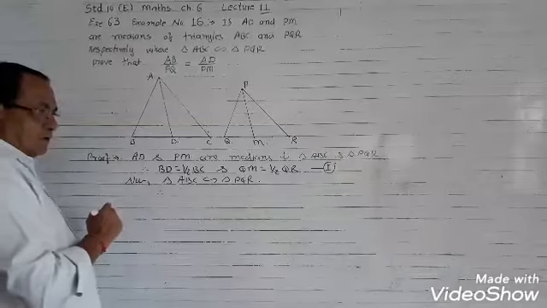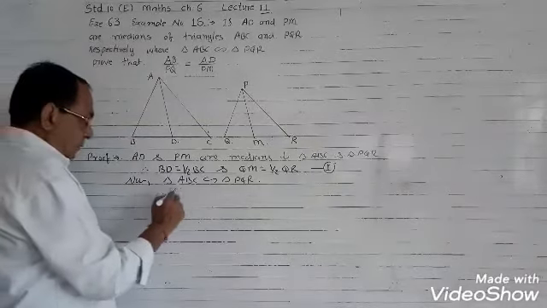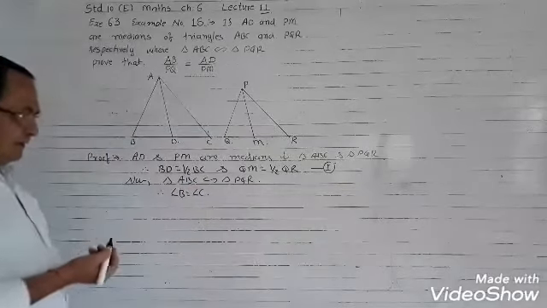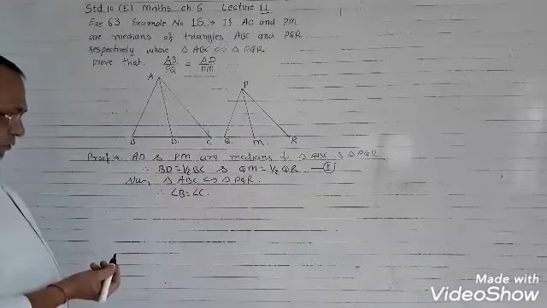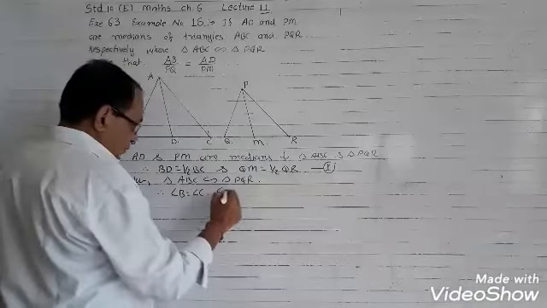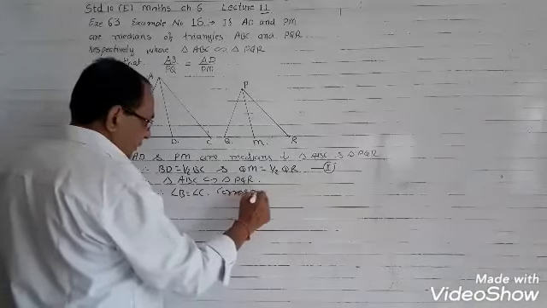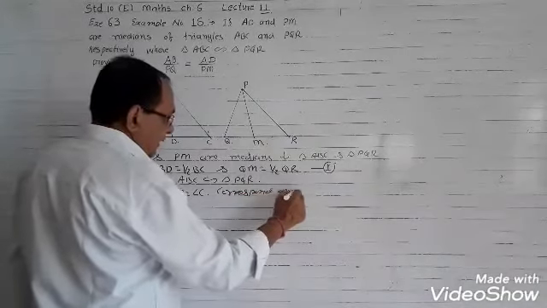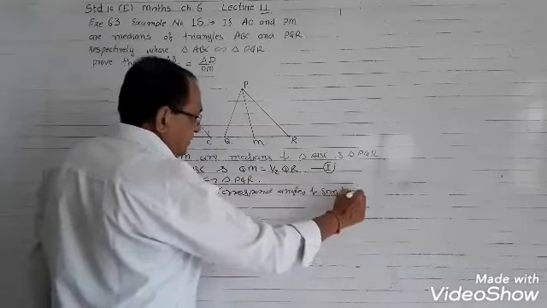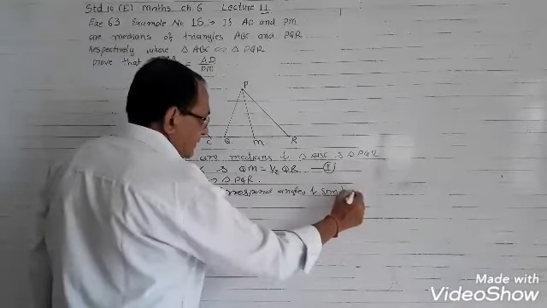Therefore, angle B is equal to angle Q, corresponding angles of similar triangles.